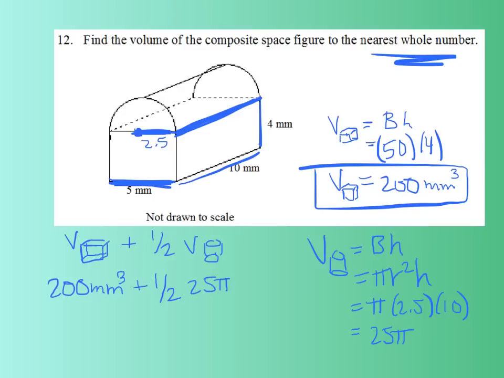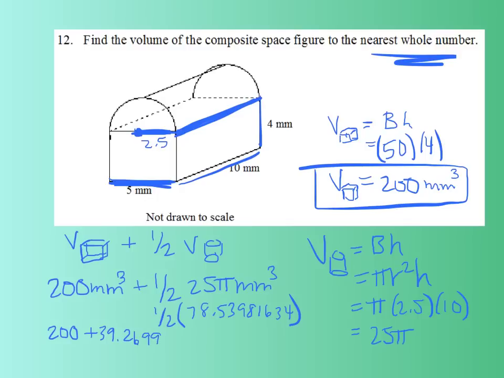So now let's take a look at this 25 pi. 25 pi as a decimal is 78.53981634. But I want half of that number. So let's divide that by 2. I get 200 plus 39.26990817.